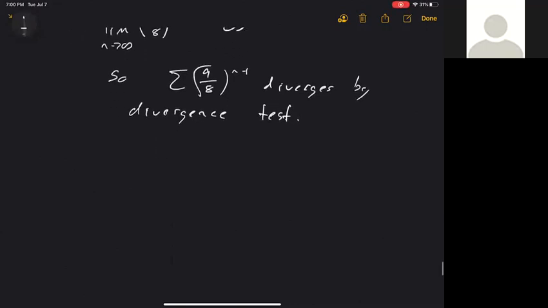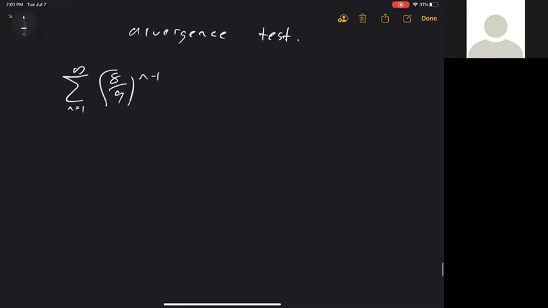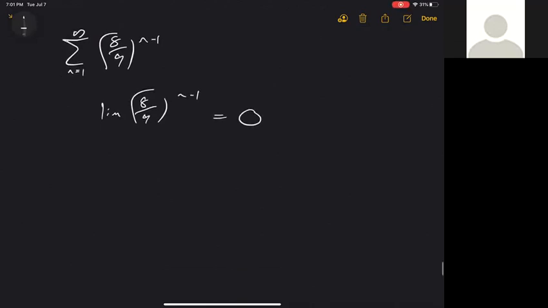On the other hand, if you had a series like 8 over 9 to the power n minus 1, maybe you don't realize it's a geometric series at first. So you try the divergence test, and you say, hey, what's the limit of this? And then you realize that this limit equals 0. So the divergence test doesn't tell you anything. That just means you have to dig a little deeper.